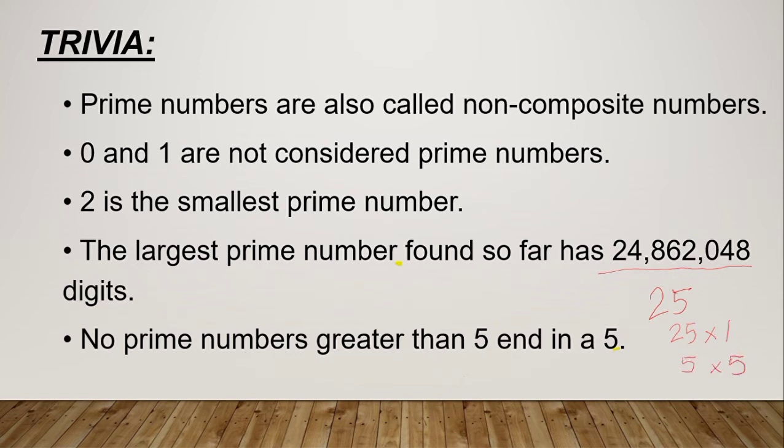So there are also factors except for 25 and 1. 25 is not a prime number, and the same goes for the other numbers that end with 5.